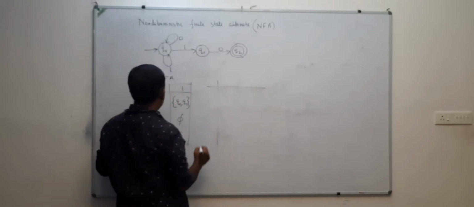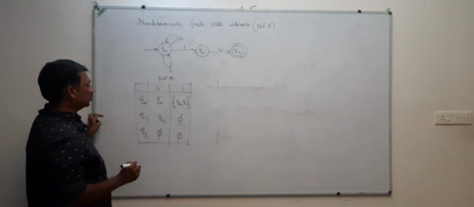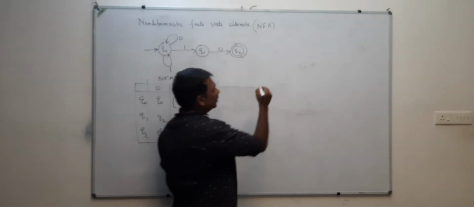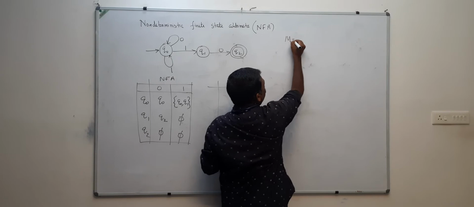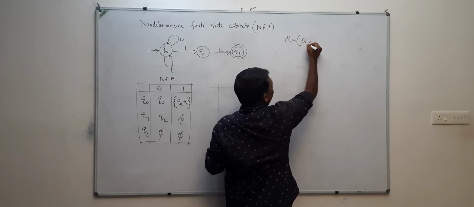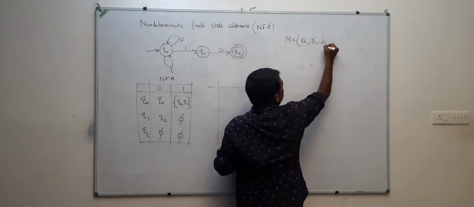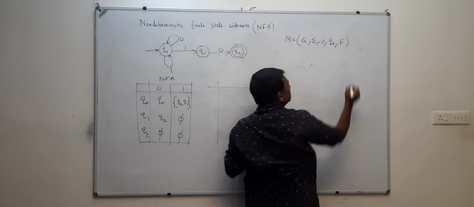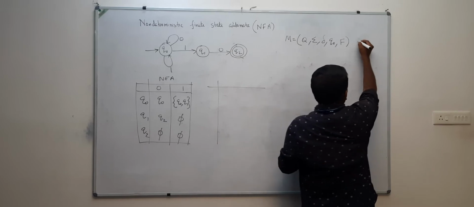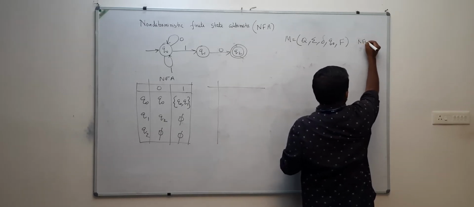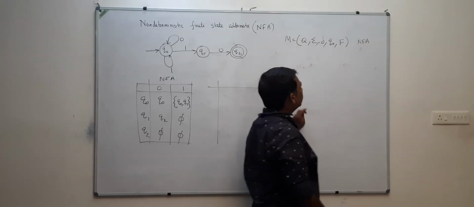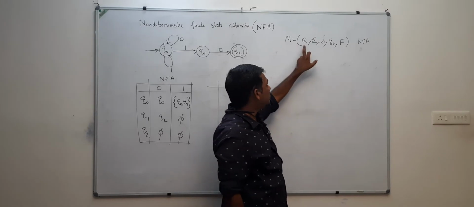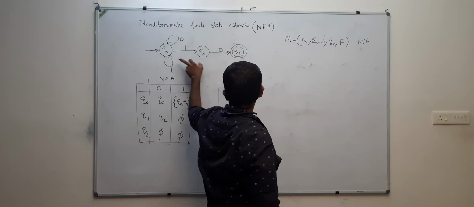Starting with q0, suppose that M is equal to (Q, sigma, delta, q0, F). This is the NFA. Q is a set of states. Here in this case, what is Q?